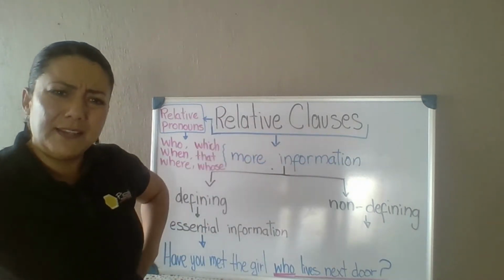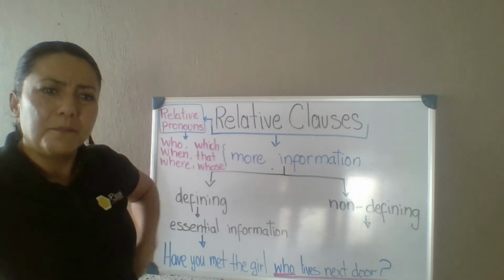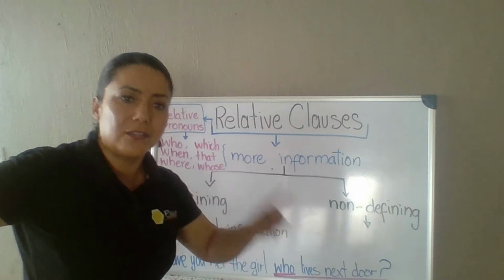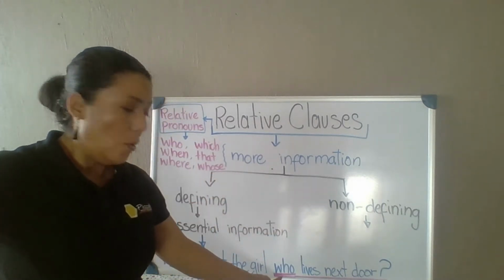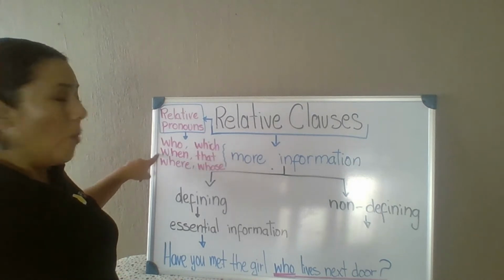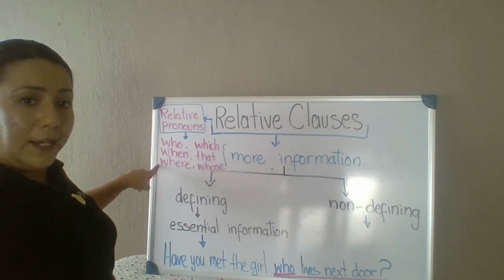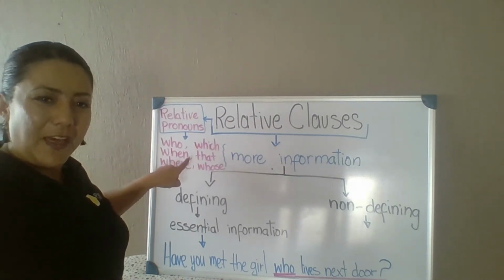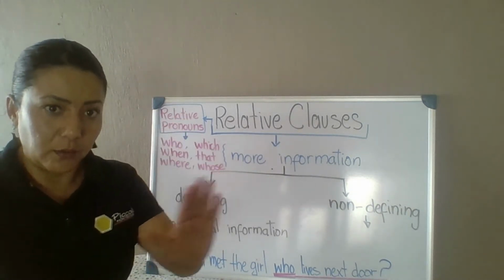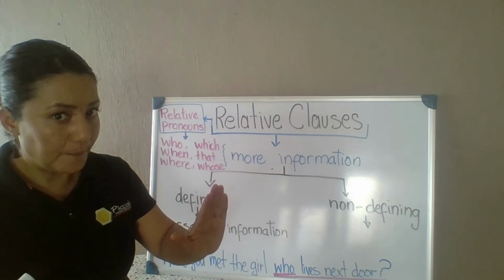How do we find it? Because we know the relative clauses begin with who, or when, or where, or which, that, or whose. Relative pronouns. Up to there, we're clear, aren't we?